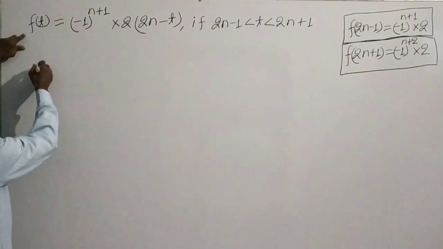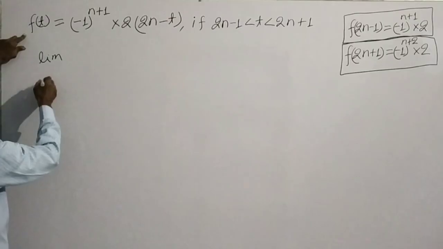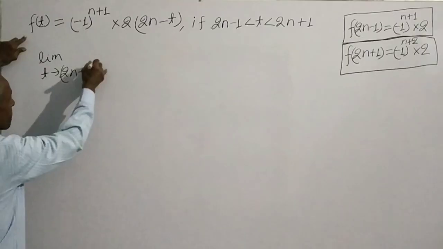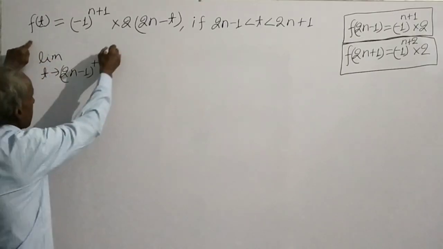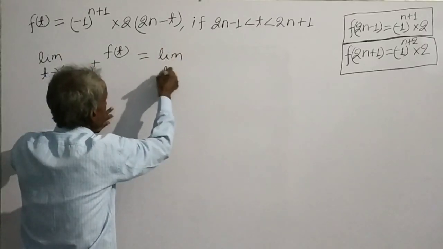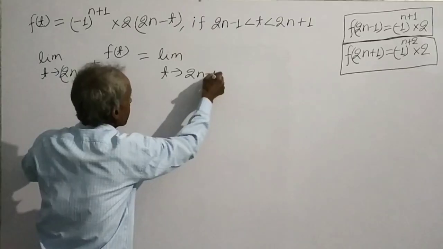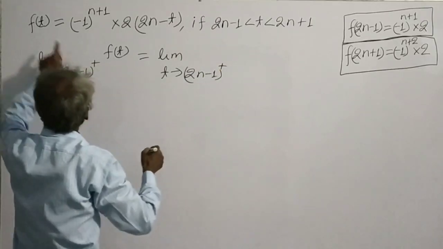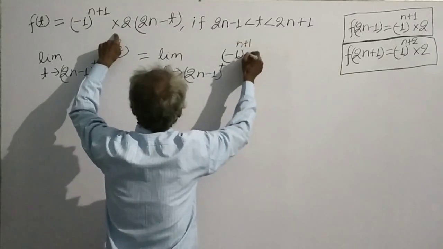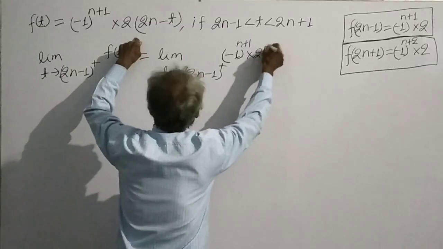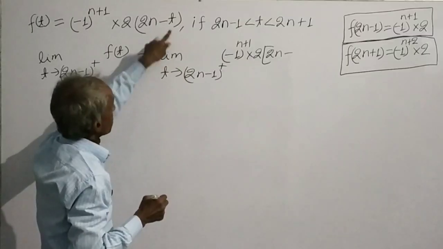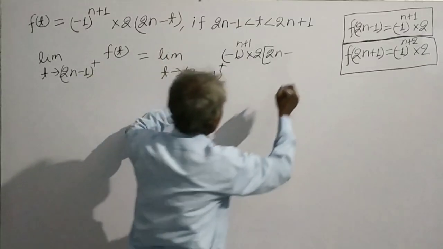Therefore, we will find the limit of t tends to 2n minus 1 from the right hand side, f(t). This is equal to the limit of t tends to 2n minus 1 from the right hand side, f(t) is this, (-1)^(n+1) times (2n-t), but t tends to 2n minus 1.